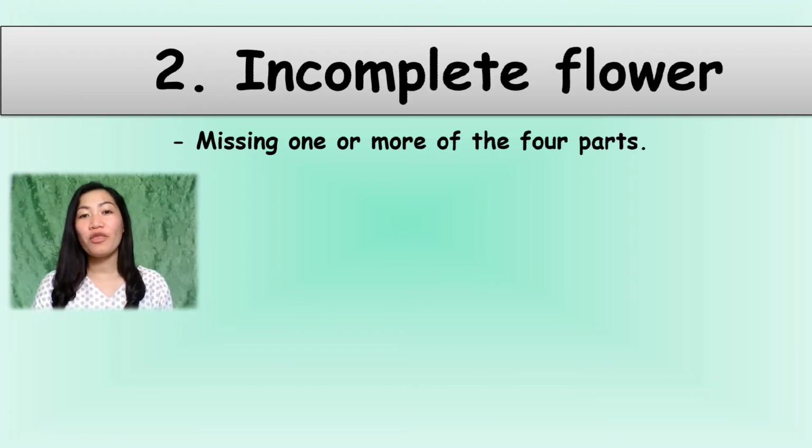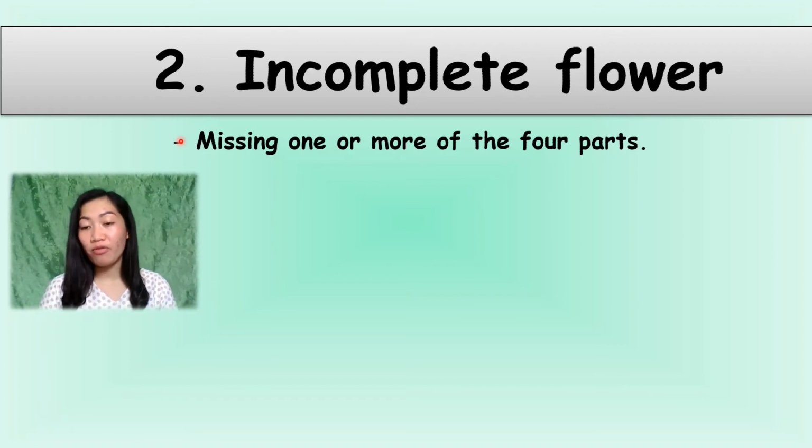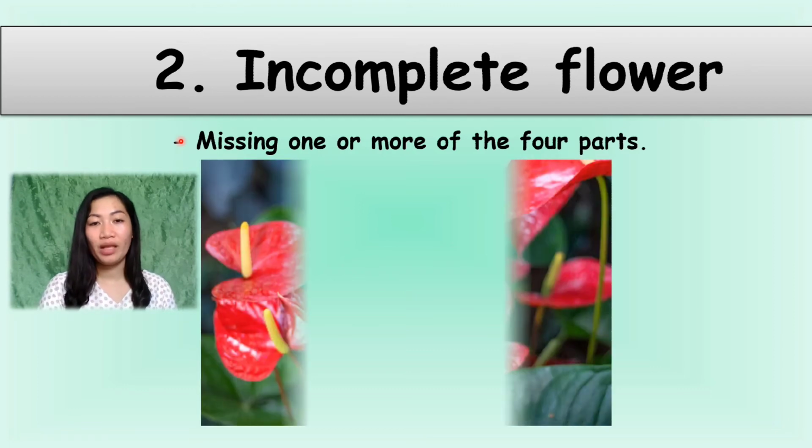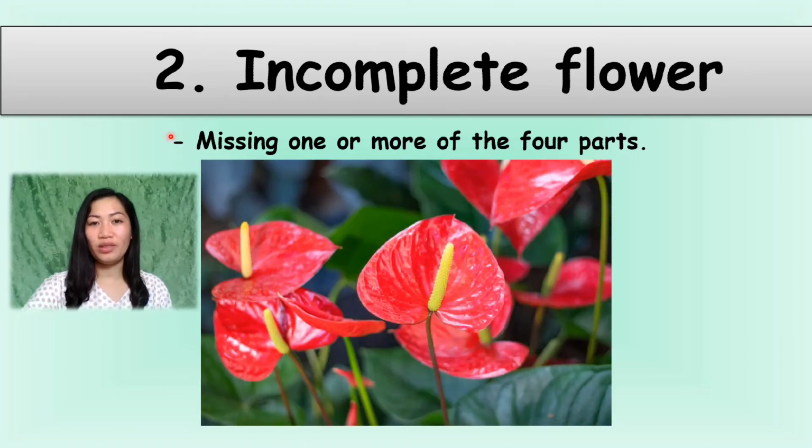Number two, we have the incomplete flower. When we say incomplete flower, it means one or more, or even all four, of the main parts of a flower is missing. Like for example, we have this one. Do you know this flower?